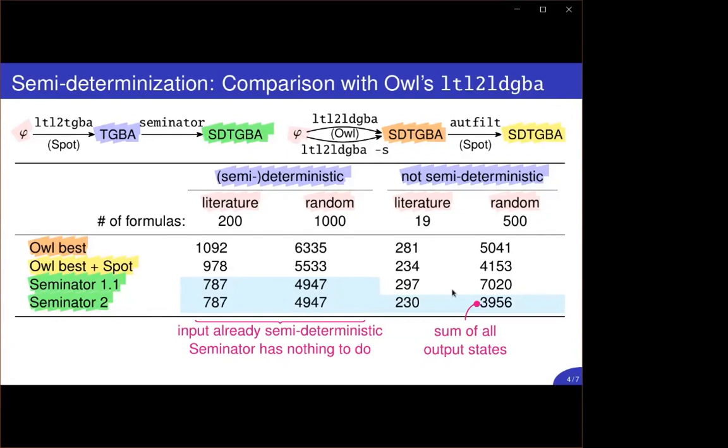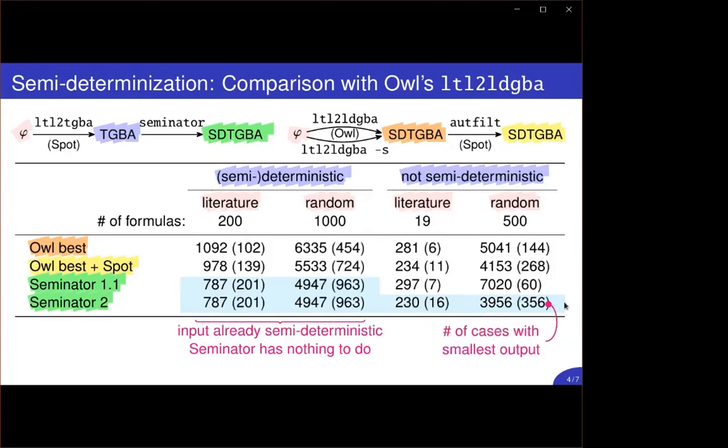In this table, the numbers that are displayed are sums of all states produced by these different tools over all the formulas listed here. Because this is a cumulative number, it's biased towards very large automata that could be produced on a few formulas. So we also display between parentheses the number of cases where one tool produces an automaton that is the smallest of the automata produced by the 4 tools. You can see on this table that Seminator performs quite well on this metric.